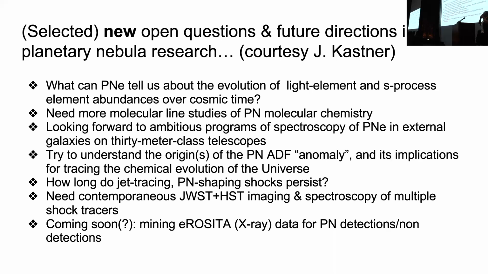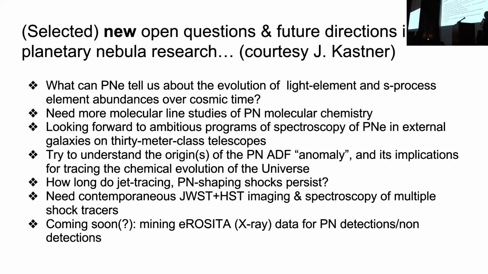That means the difference between the abundance calculated from the collisionally excited lines and from the recombination lines. Then jet tracing: as I was telling you, we need to be able to trace the shocks and discriminate them from photoionization.